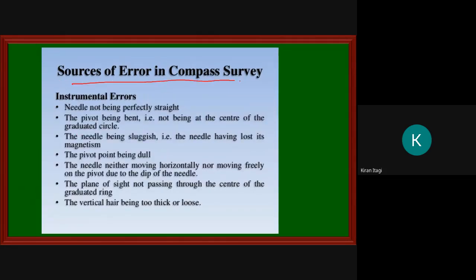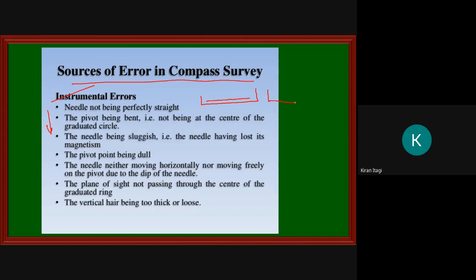Sources of errors in the compass survey. Instrumental errors. We have the following points. The first one is the needle not being perfectly straight. While leveling, I said that if your compass is leveled well, then your needle will freely suspend like this.